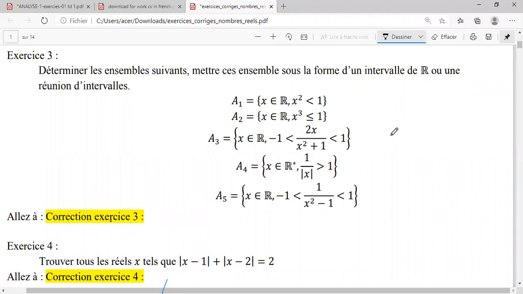When we take the square root of 1, we'll have positive or negative. So 1 over the modulus of x greater than 1 will be equivalent to the modulus of x less than 1. So we have the equal sign there.